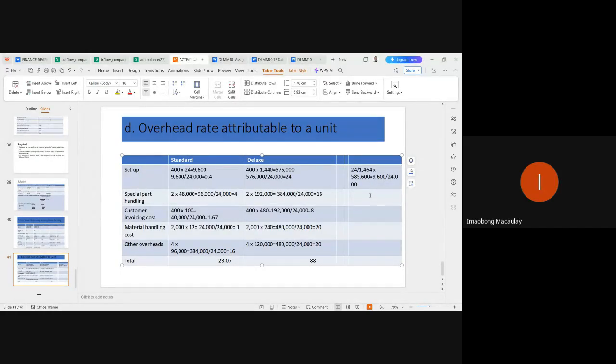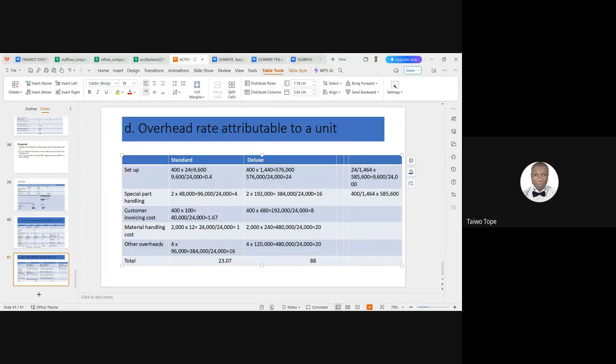Deluxe. You now say 400 divided by what? 1,464, multiplied by what? 585,600. You understand? I don't understand the approach you are doing. Can you please come again? I'm sorry.